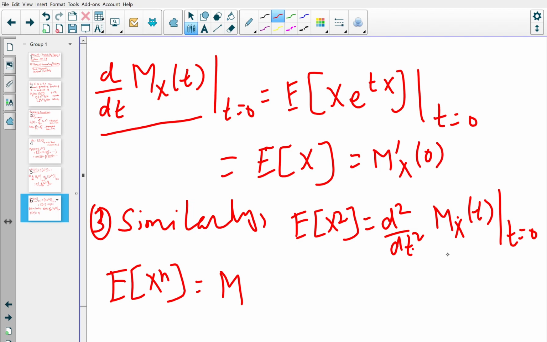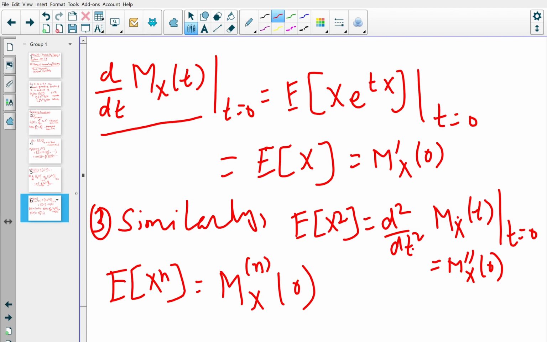Okay, and then this is M double dash X(0). Okay, and then in general you can write down the nth derivative at 0.